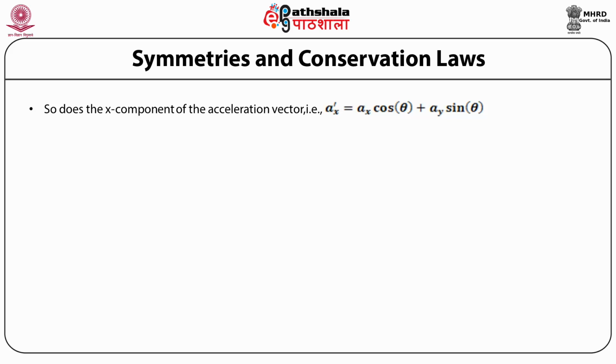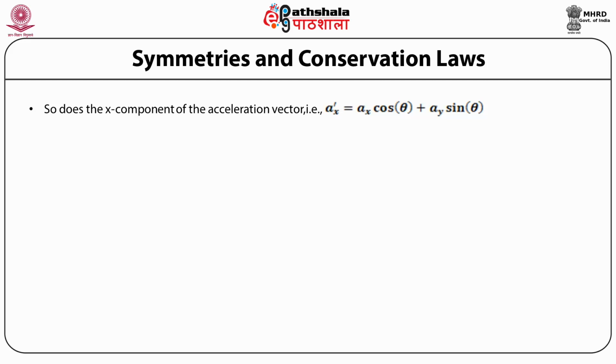For the x component of the acceleration vector we can write a similar equation as we have written for the force vector, that is a prime x is equal to ax cos theta plus ay times sin theta, where ax is the x component of the acceleration prior to the rotation and ay is the y component of the acceleration prior to the rotation.